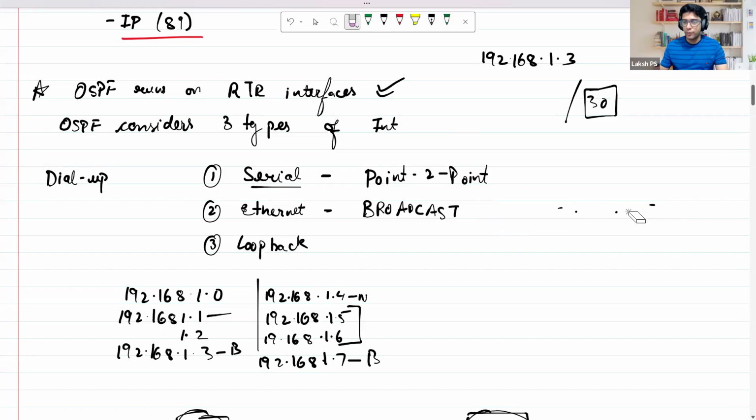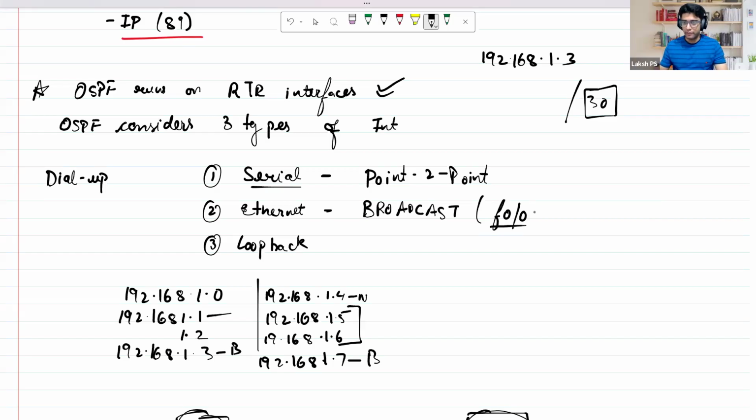From OSPF's perspective, an Ethernet interface is a broadcast interface wherein that particular interface, for example FastEthernet 0/0, is an Ethernet interface, and for OSPF this interface is a broadcast interface.